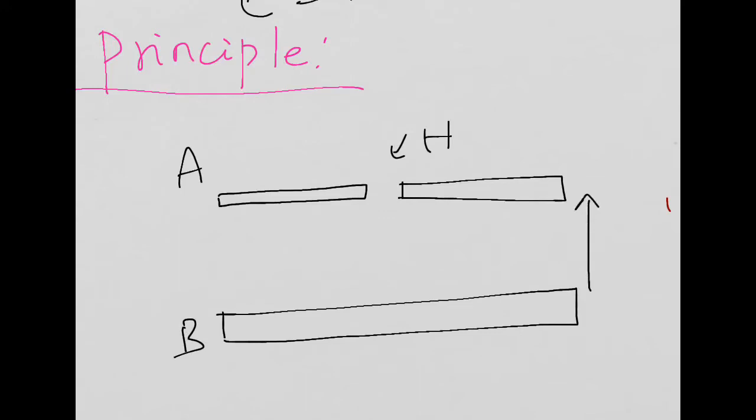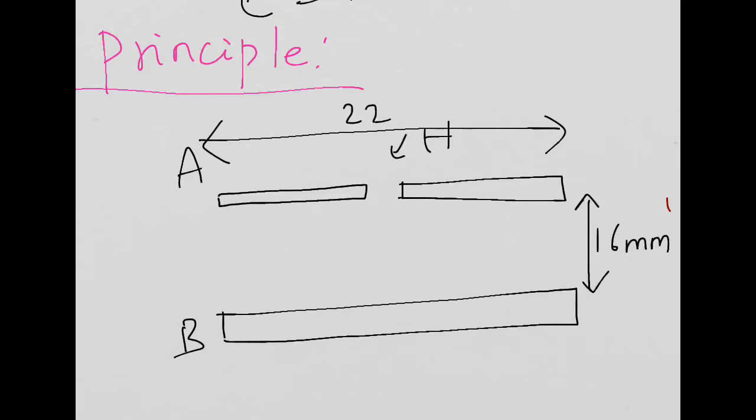Let the distance between these two be very small, simply 16 millimeter, and the diameter of the disc is 22 centimeter. It's big compared to the distance. As the name of the experiment says, I make an oil drop fall.